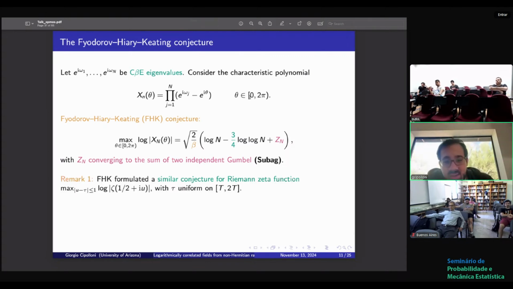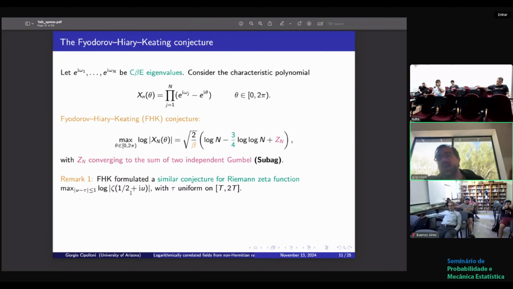So I should say that I stated this FHK conjecture for unitary matrices because my main interest is random matrices, but in the same paper, they have this conjecture together for unitary matrices and for the Riemann zeta function. So they conjecture that if you look at the log of zeta over the critical line, and we look at I up on this critical line, what I mean is that u is close to tau, in an order 1 interval around tau, and tau is uniformly distributed over t to 2t, say, and t is a very large number.